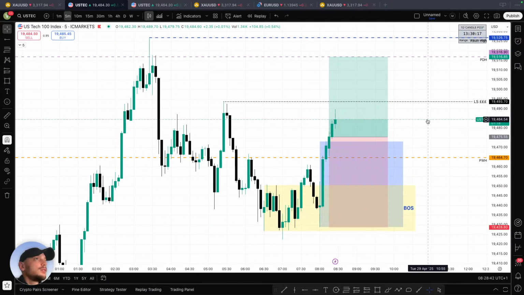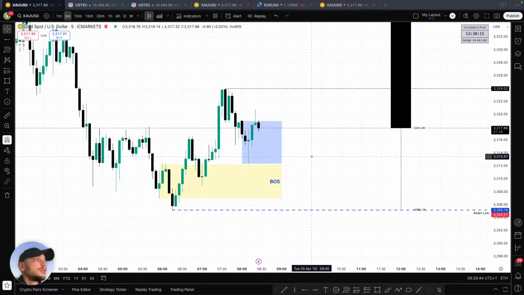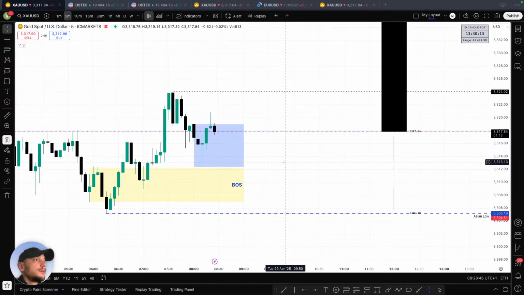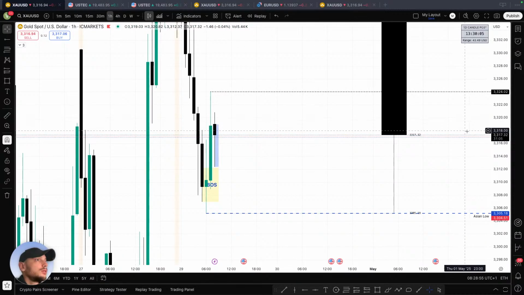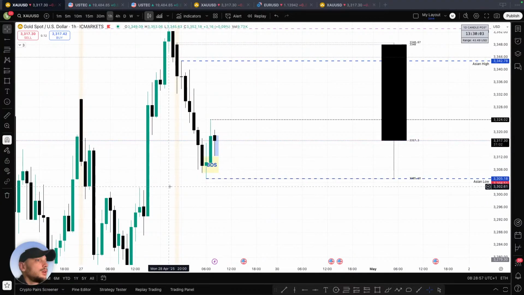Come on, grab at least this liquidity. You can do it. Gold is in this 5-minute fair value gap, and what I saw is this 1 hour fair value gap, when we want to see how we're gonna get out of it.